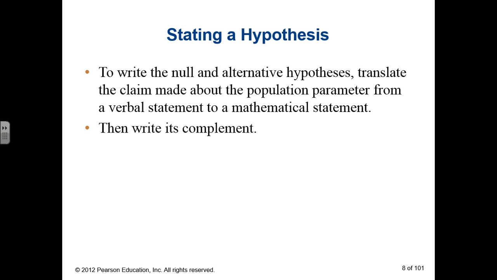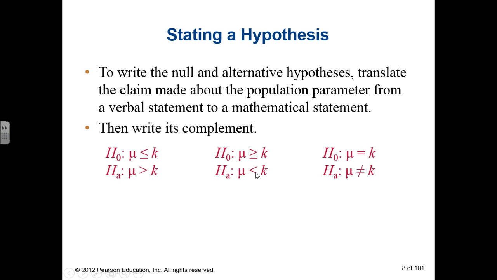If the claim does not include equality, then the claim was the alternative hypothesis. So if the null hypothesis is less than or equal to, then the alternative is greater than. If the null hypothesis is greater than or equal to, then the alternative is less than. And if the null hypothesis is equal to, then its alternative is not equal to.